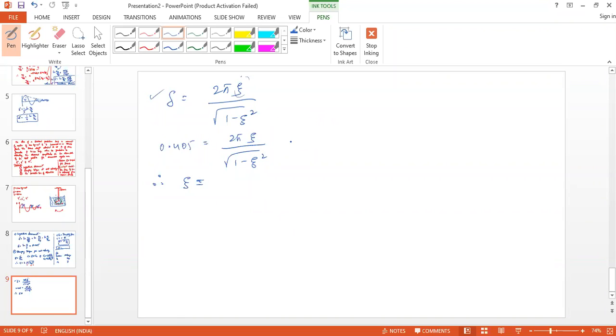Squaring on both sides, it is 0.405 squared multiplied by 1 minus zeta square, that is equal to 4 pi square zeta square.